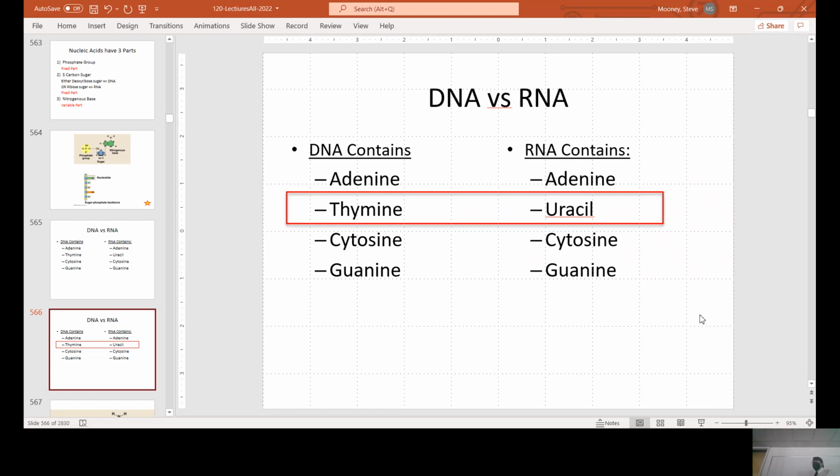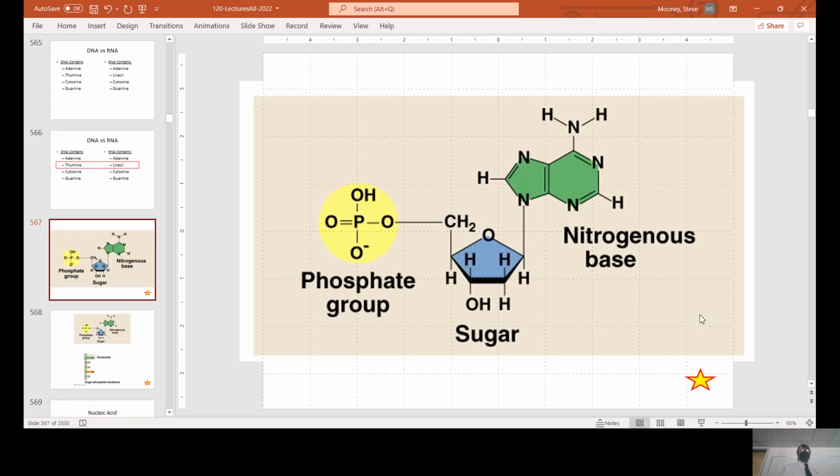So A stands for adenine, T stands for thymine, U for uracil, C for cytosine, G for guanine. So the difference is the variable part here, and then whether we've got that oxygen there or not.